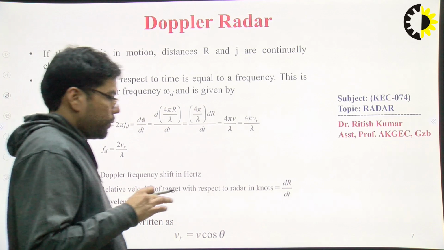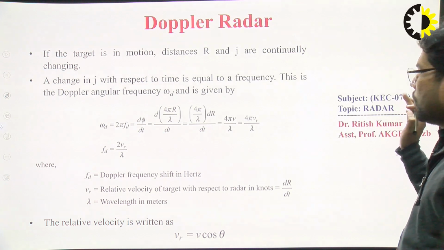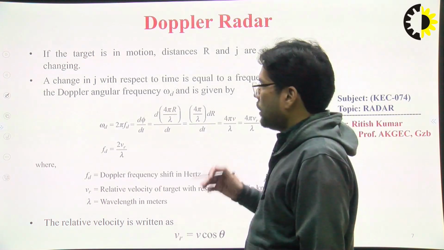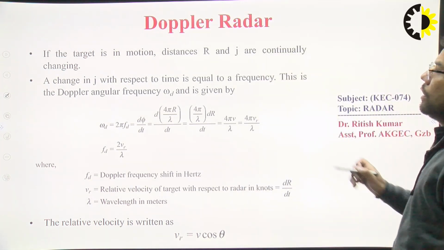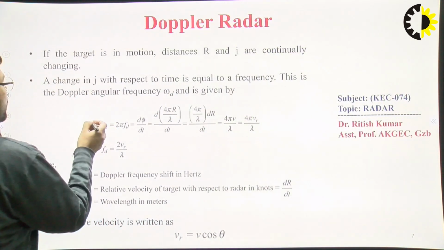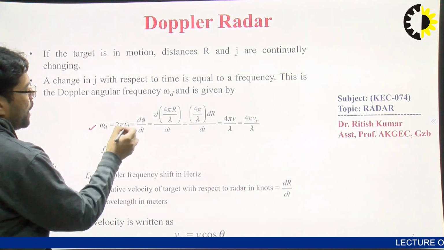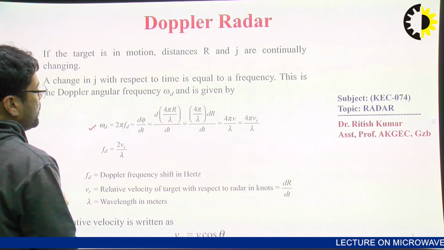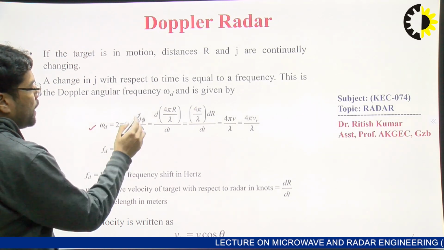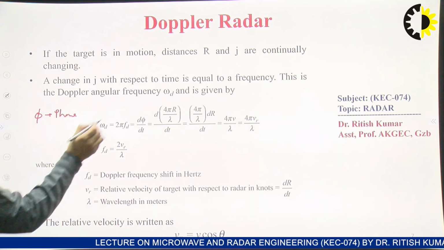Now we find the Doppler frequency, which is related to the relative velocity of the radar. You can clearly see here, this is the Doppler angular frequency, represented by omega d equal to 2 pi fd, and this is an angular frequency. So this is also d phi over dt, where phi is the phase.